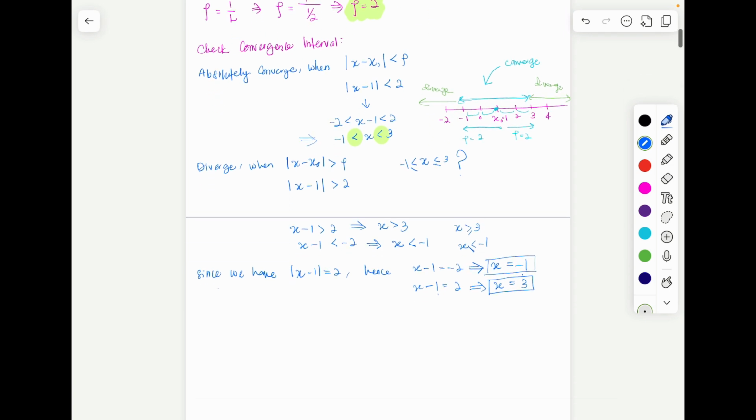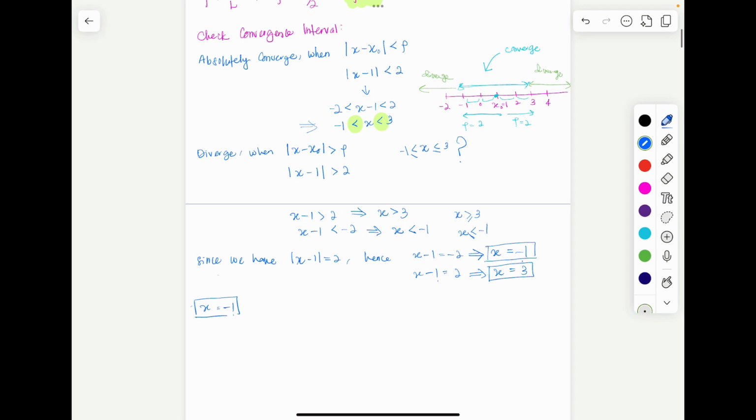Okay, let us try the case x equals negative 1. Our original series is the sum from n equals 0 to infinity of 2 to the power of negative n over n plus 1, times x minus 1 to the power of n.